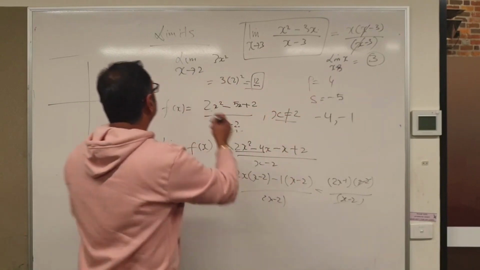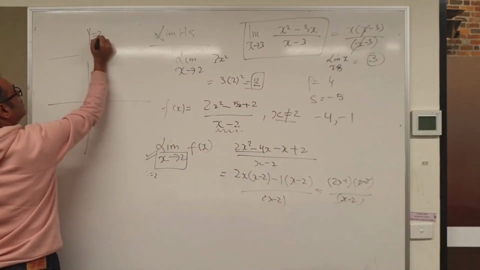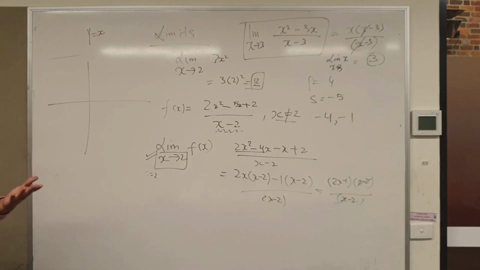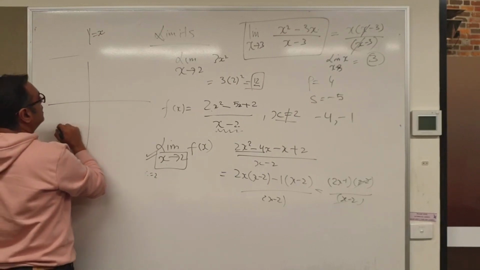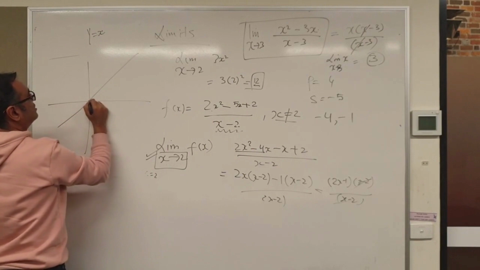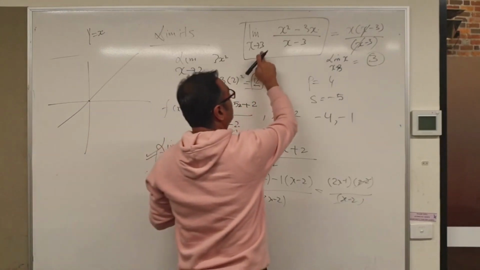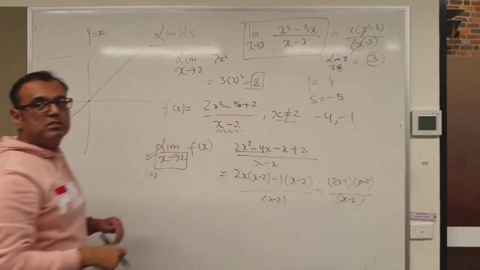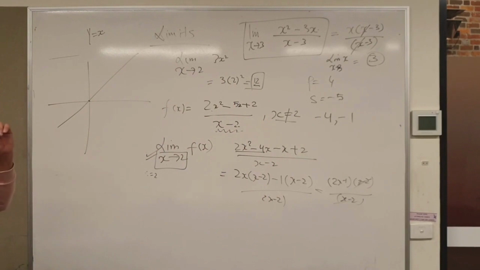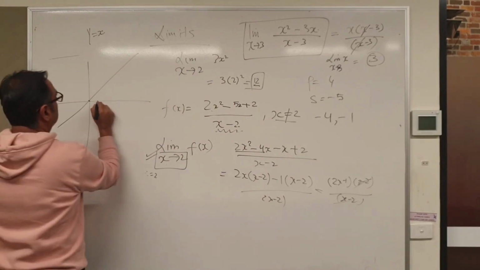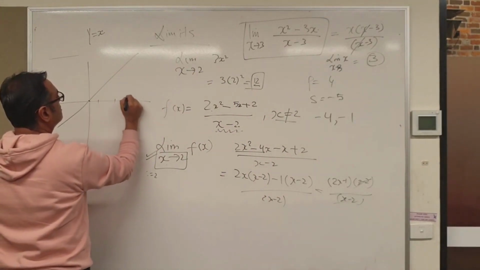So the graph is y equals x. Correct? What is y equals x? That's a line passing through the origin. Correct? At x equals 3, this function does not exist. This function is not continuous.